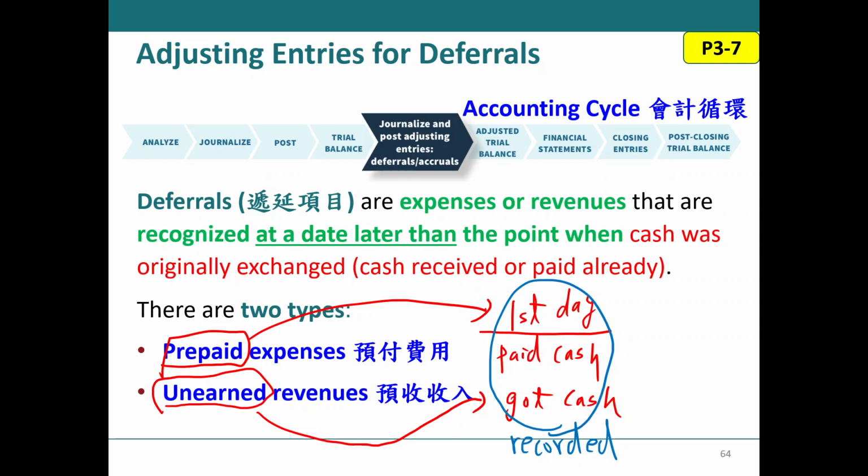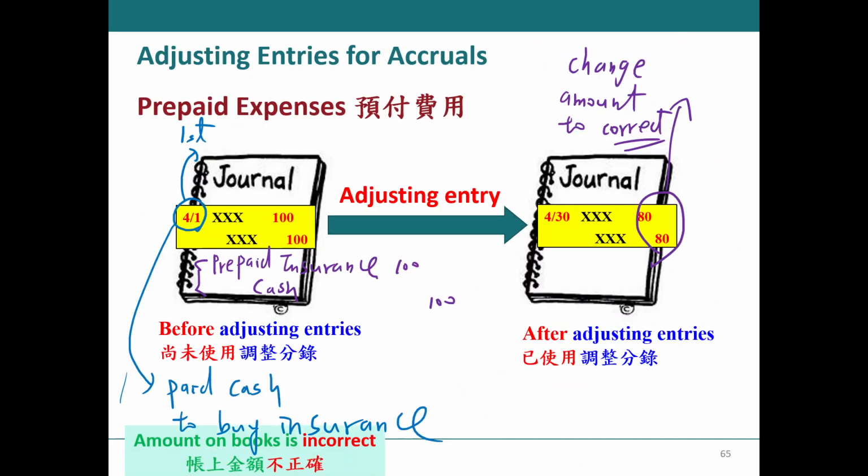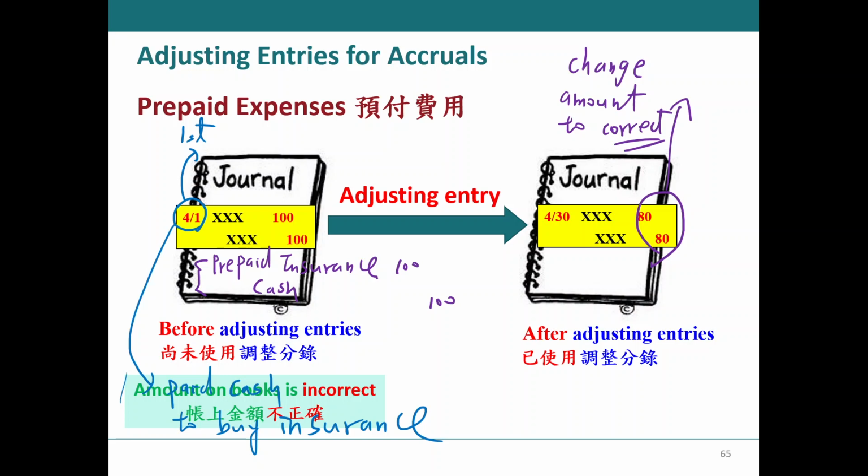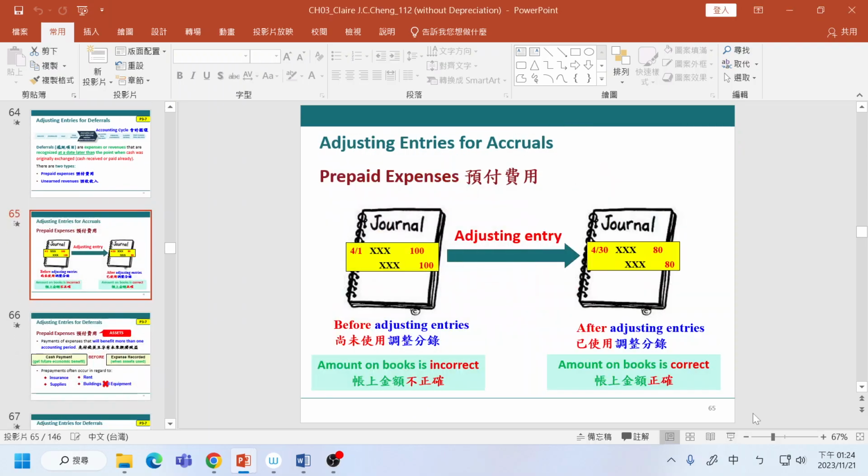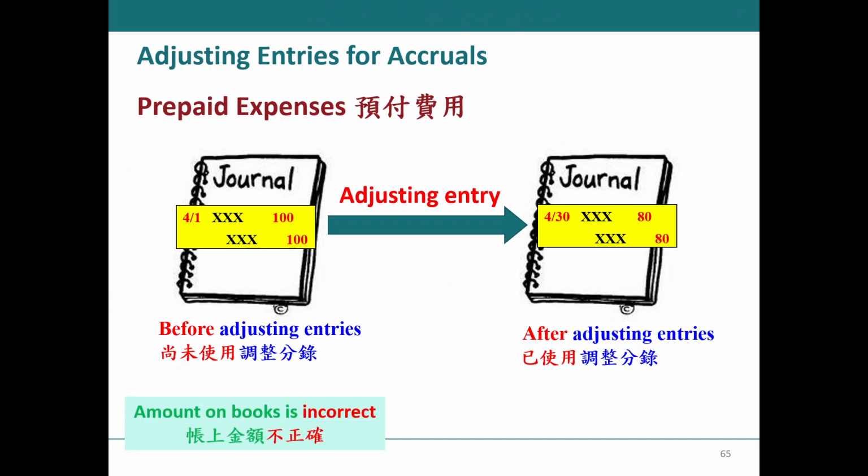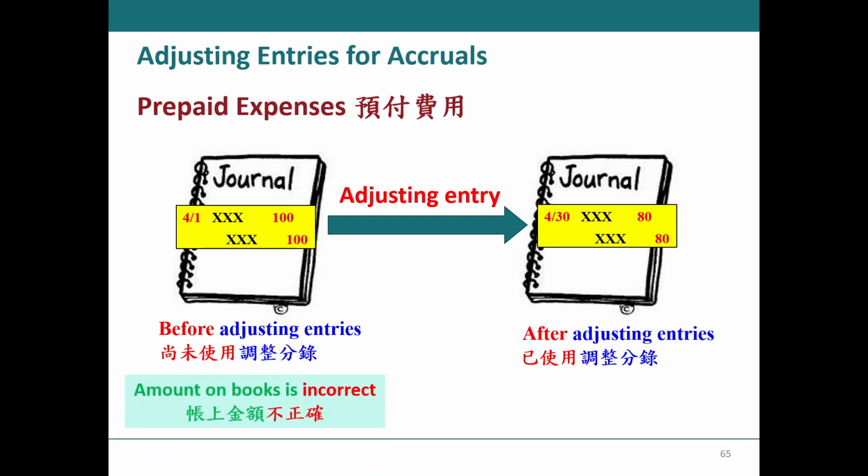Our purpose is to adjust the number to the correct one. After 1 month, after 2 months, you find out the number is not correct anymore. So we use adjusting entries to adjust the number to the correct amount. Okay? Any questions?